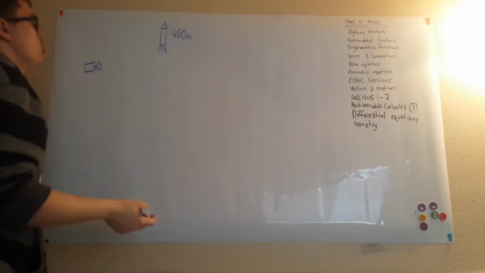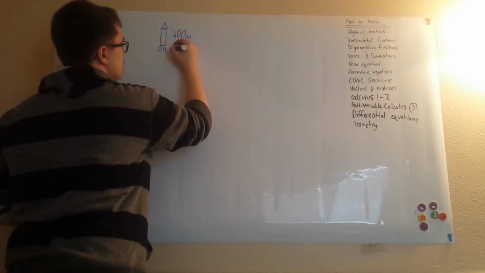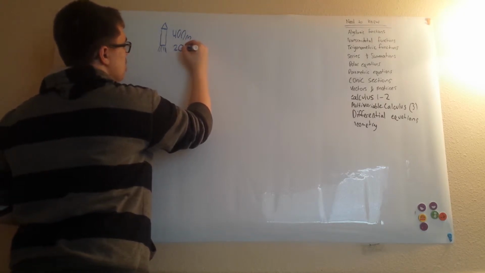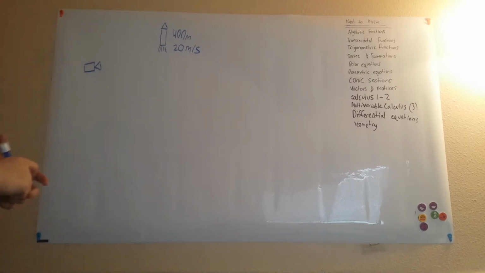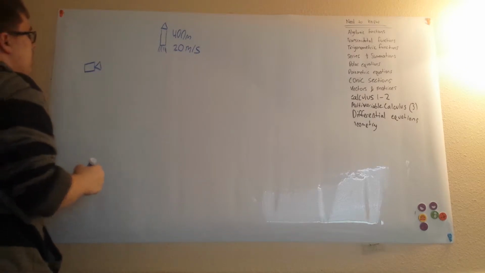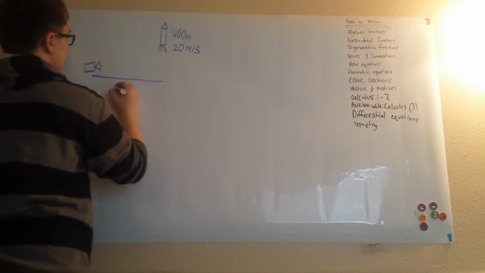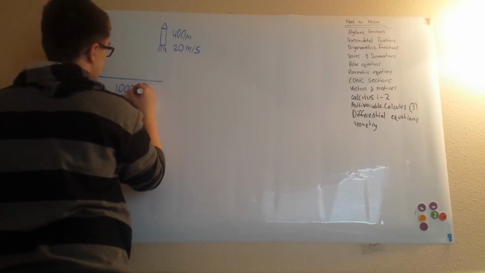And it's moving at 20 meters per second. Now the distance between the rocket and the camera is 1,000 meters.